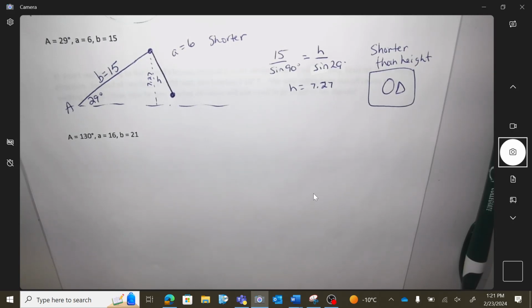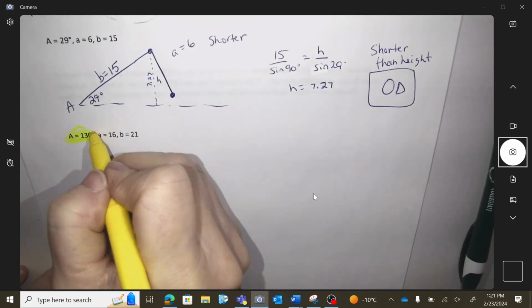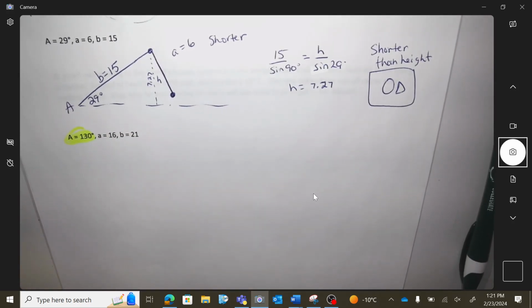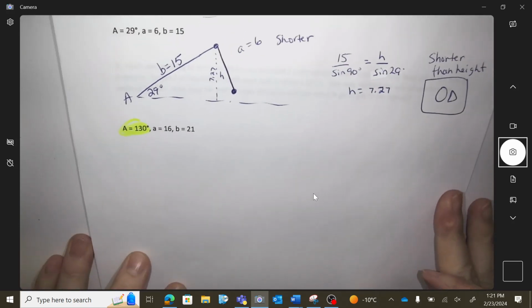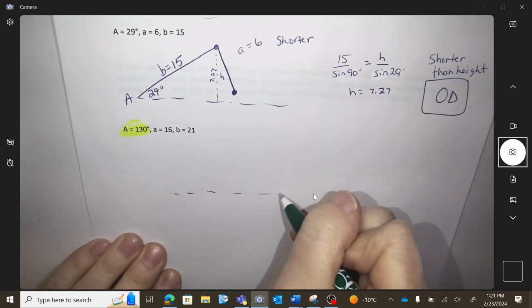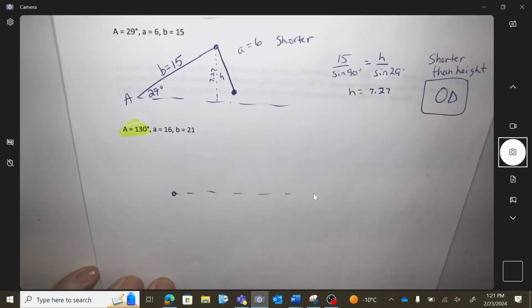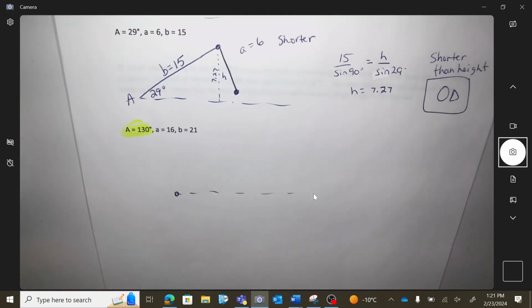Okay, next one, I need you to pay attention because when I'm drawing this one, this is a little bit unique. There's a 130-degree angle when I draw it. So think about how 130 degrees looks. So I don't know a side. I always start like that.